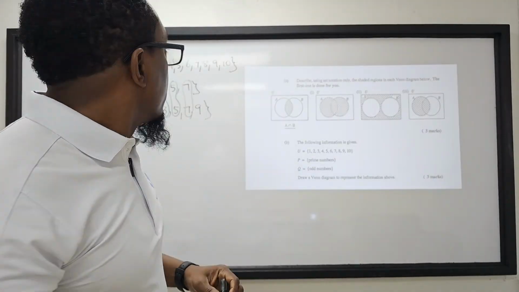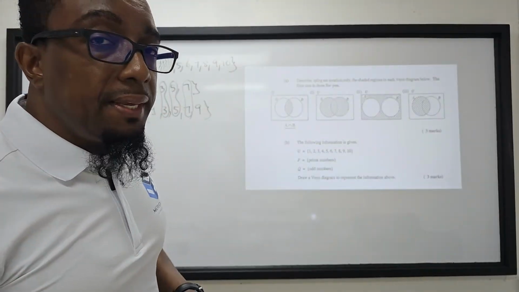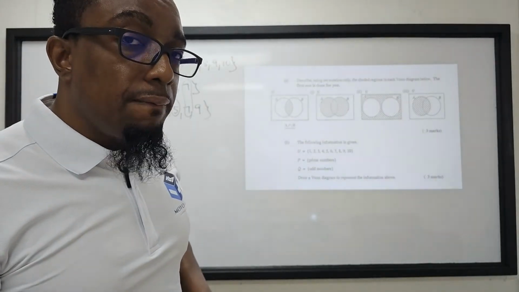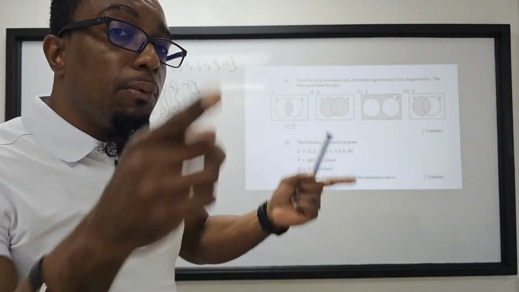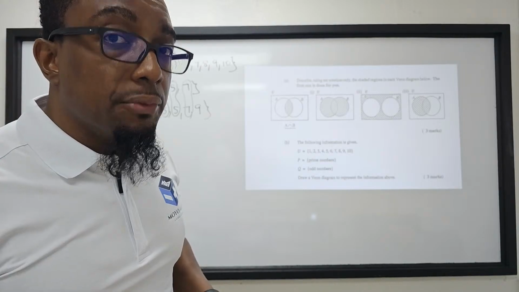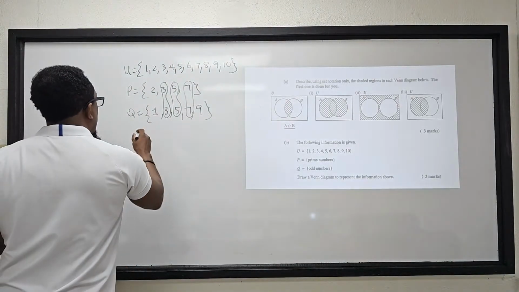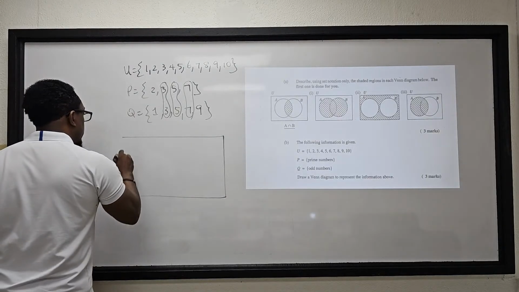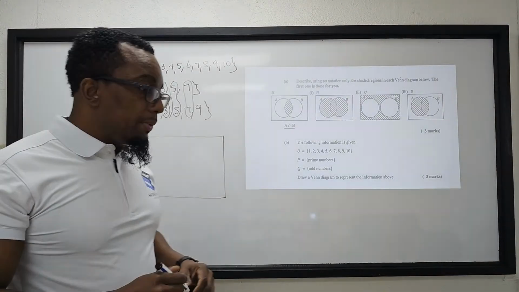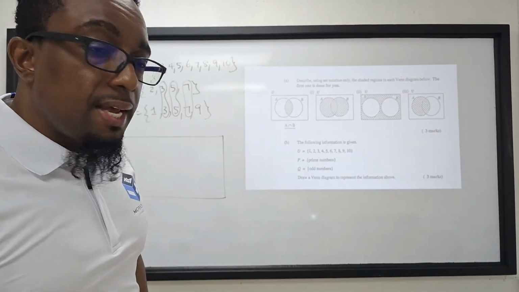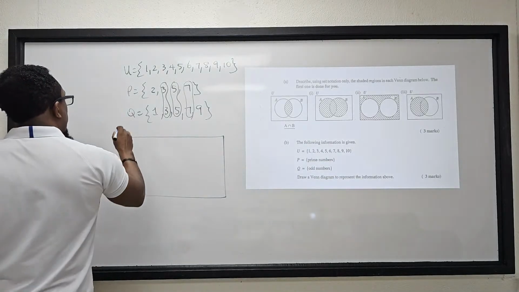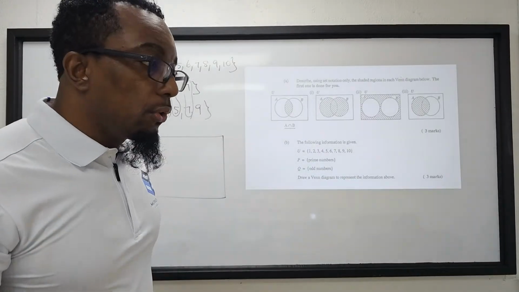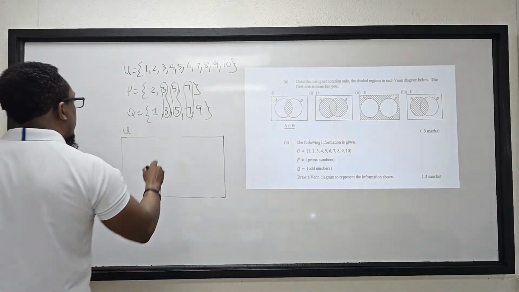And of course, we have remaining elements in P, remaining elements in Q, so we know when we are drawing our Venn diagram, it's going to be one circle overlapping the other. So we're going to have here my rectangle representing my universal set. And I'm going to show one circle overlap the other.